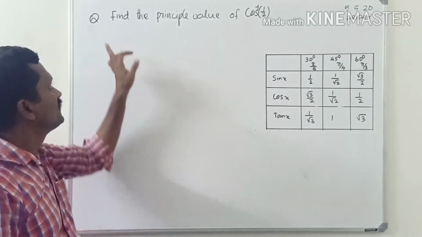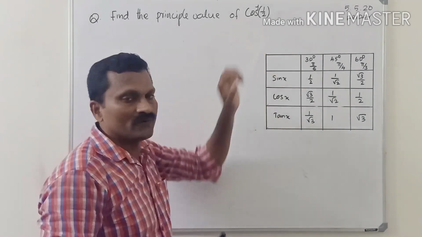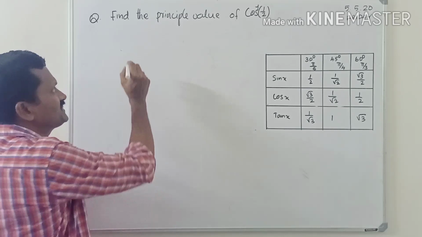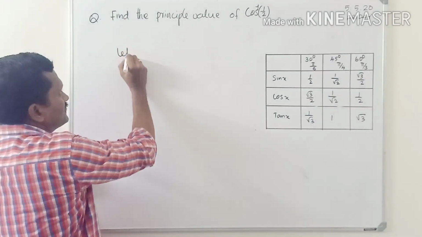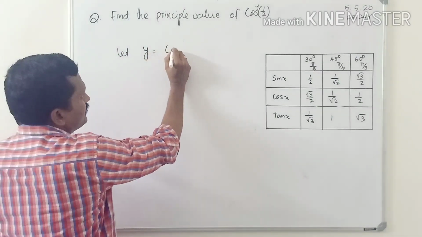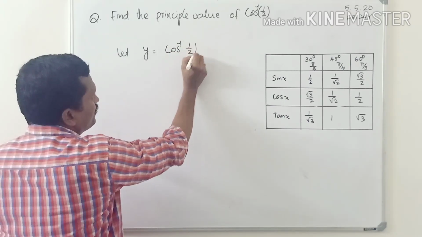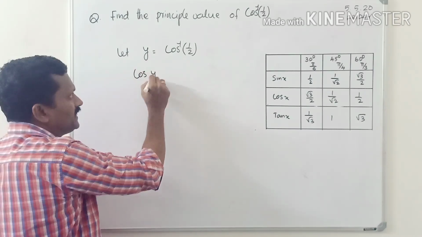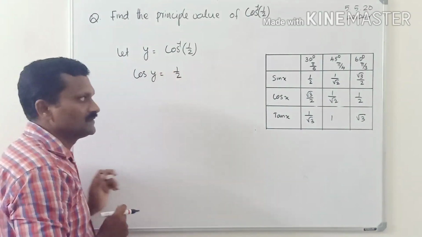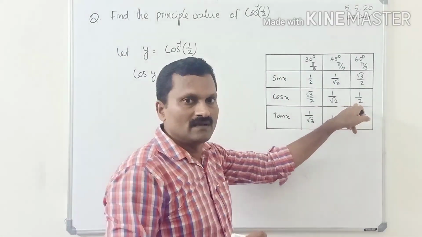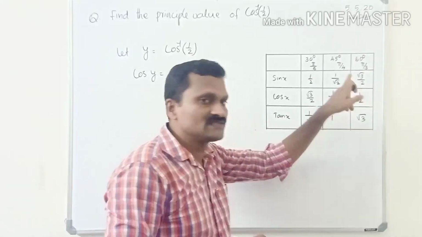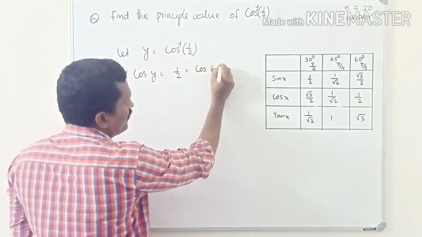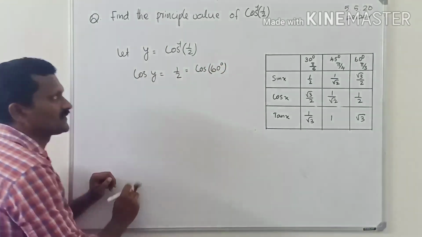Next question. Find the principal value of cos inverse 1 by 2. How to find the value? For this, let y equal to cos inverse 1 by 2. Using the formula, cos y equal to 1 by 2. From table, cos 60 is 1 by 2. So 1 by 2 can be written as cos 60 or pi by 3.